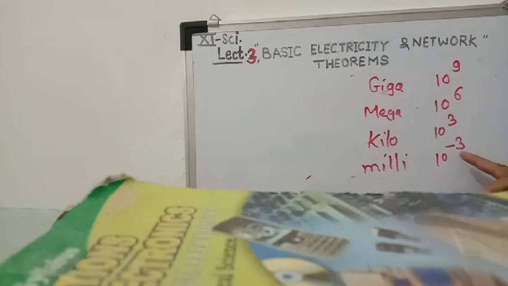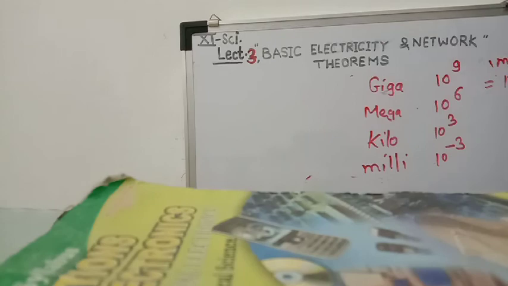This is a small unit or fractional unit. So milli means we have to multiply by 10 raised to minus 3 to convert into amperes.